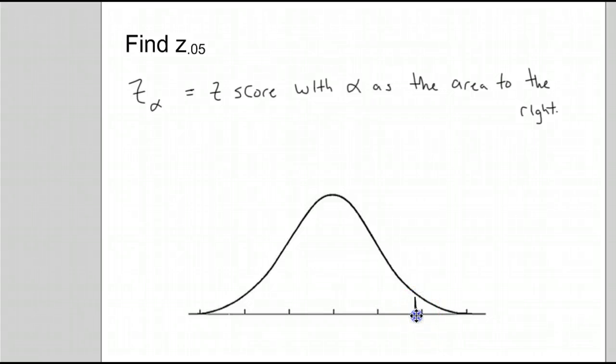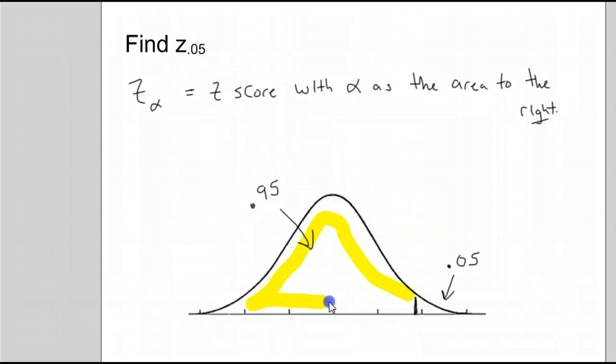I'm just going to arbitrarily pick a place to make my shading. And I know this shading, the area has to be 0.05 to the right, because that's what Z alpha means. So 0.05 is my area to the right. Well, that means that 0.95 is the area to the left, and the area to the left is what inverse normal takes in.